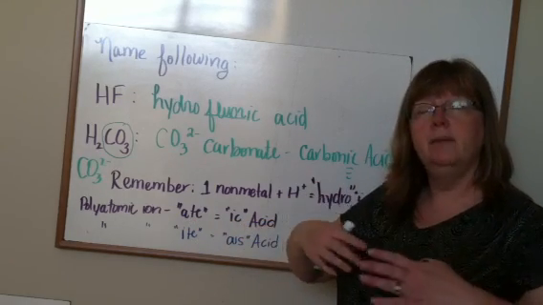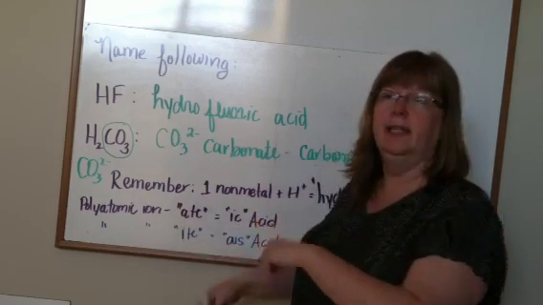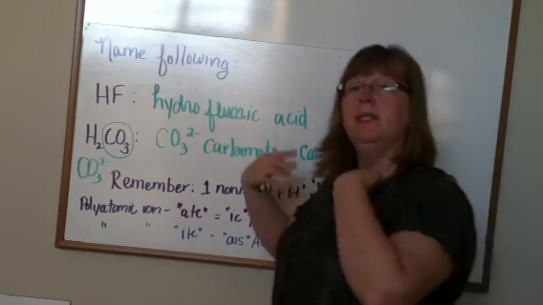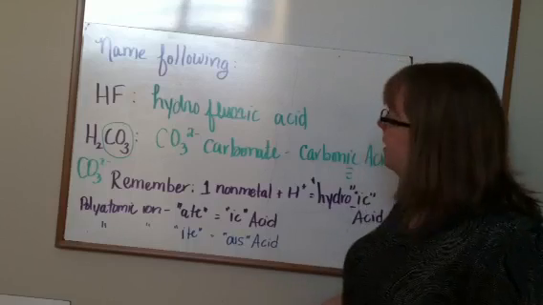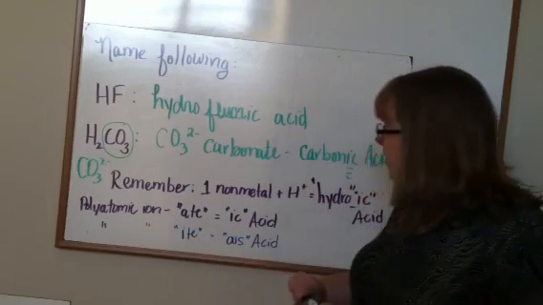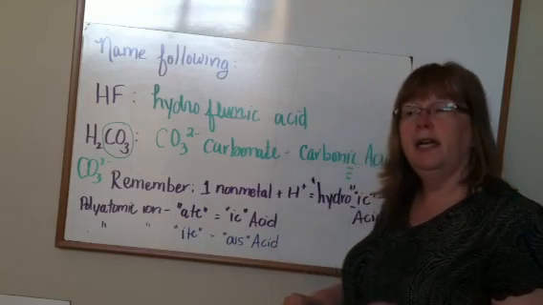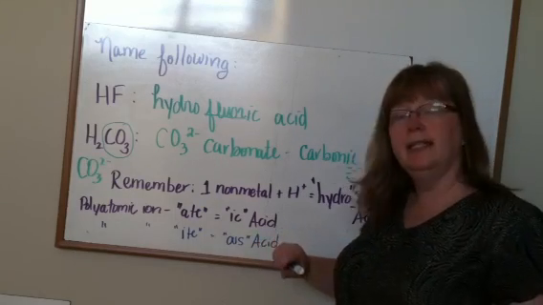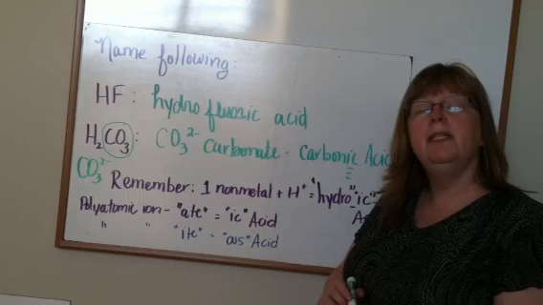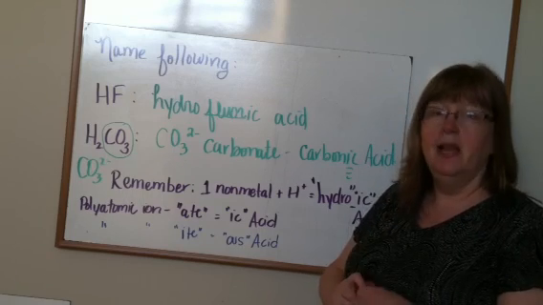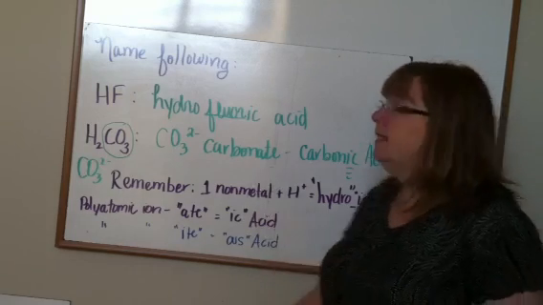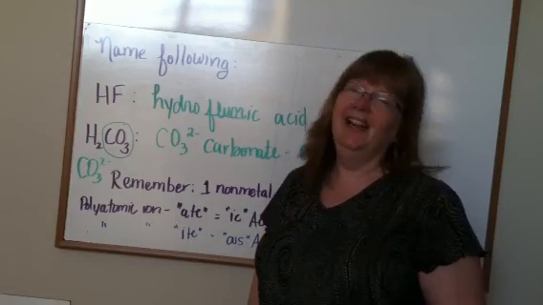So sulfate becomes sulfuric acid, or acetate becomes acetic acid. And if that polyatomic ion ended in an ite, the ending for the acid is ous. So a nitrite would be nitrous acid, or a sulfite would be sulfurous acid. Okay, well, we're going to practice naming acids in class.